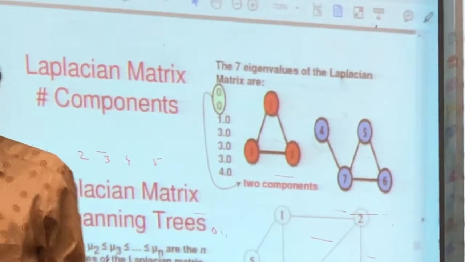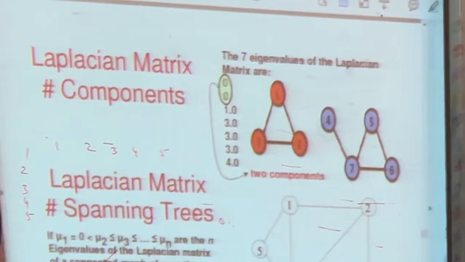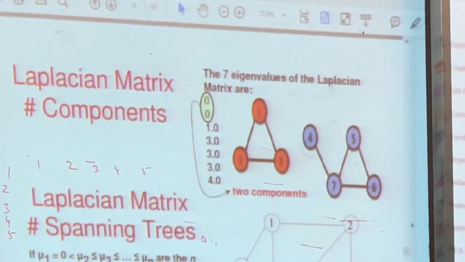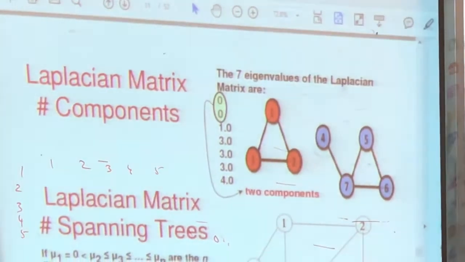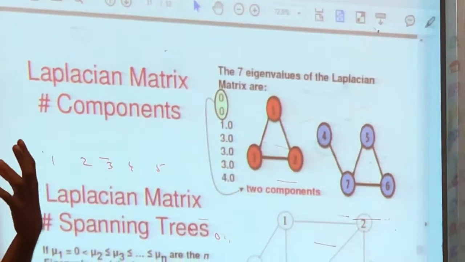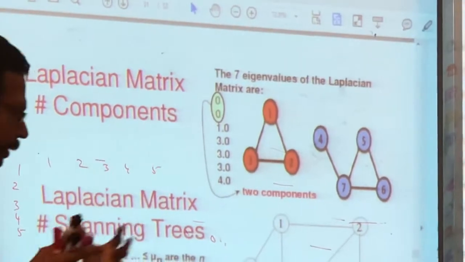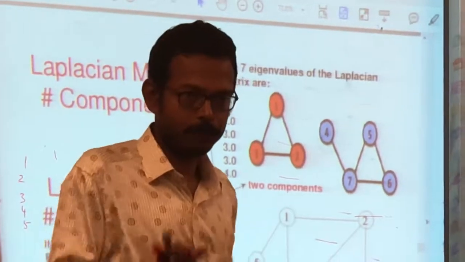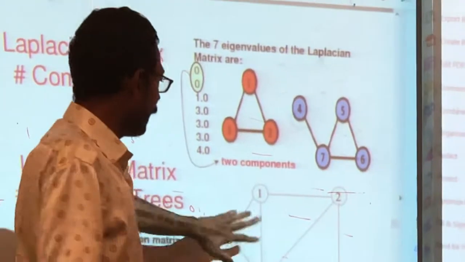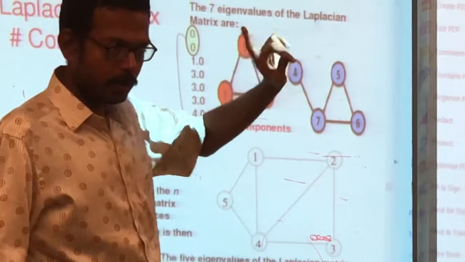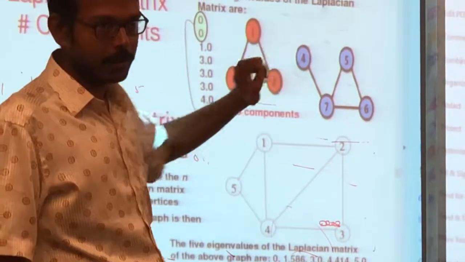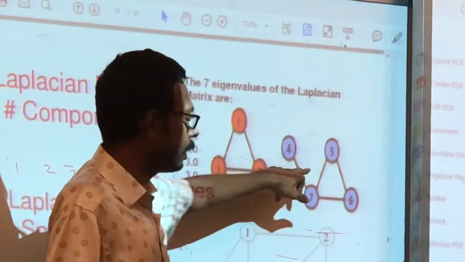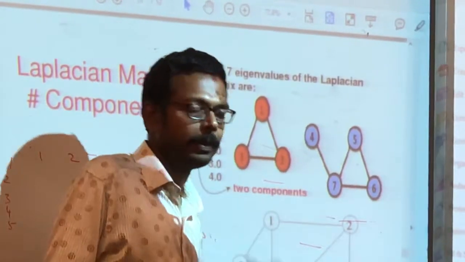Because the graph has 2 components. If the whole graph was connected, we say the graph has only 1 component. A component by definition is the largest set of vertices that are reachable from each other. So if the graph is connected like this, we say there's only 1 component. The whole graph is in 1 component. Whereas if the graph is not connected, it has multiple components.